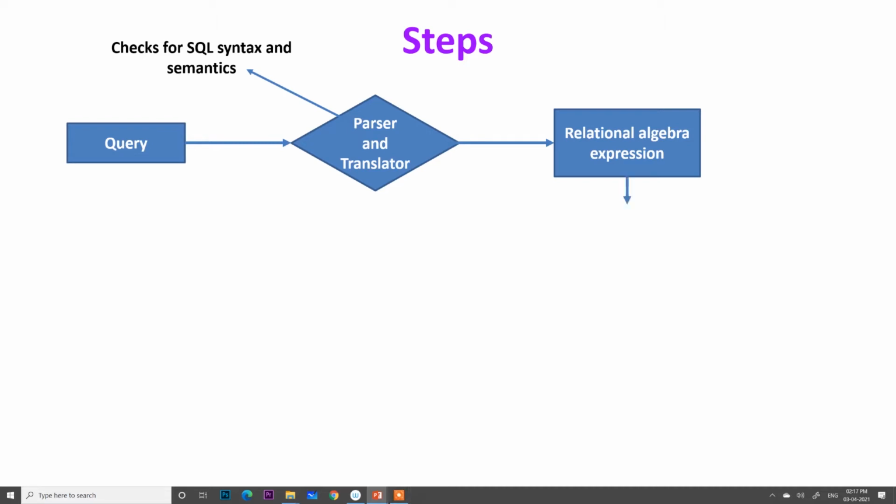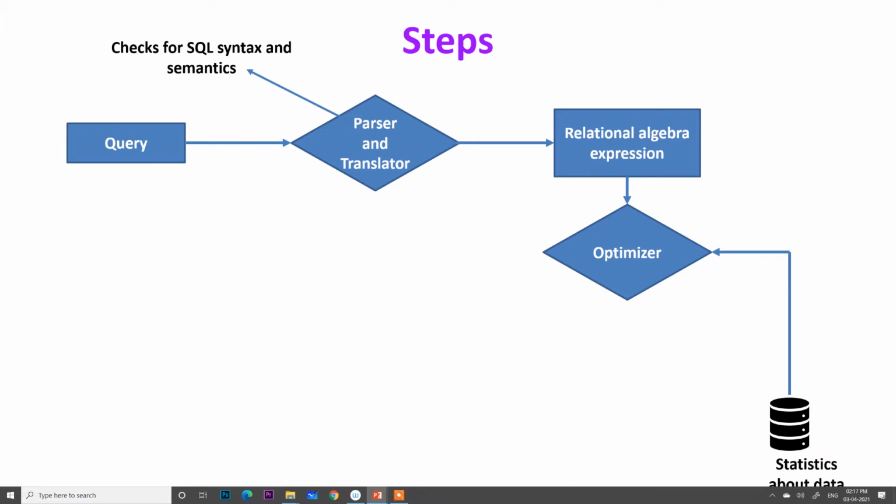Once the relational algebra expression is written, it will be fed into the optimizer, where the optimizer will collect some statistical information about the data from the database. Based upon the lowest cost of relational algebra query expression evaluation, the execution plan will be generated.